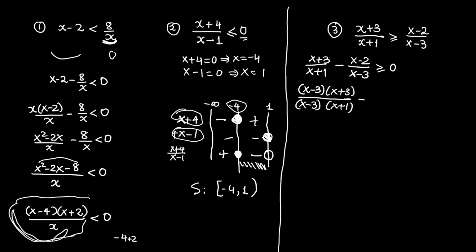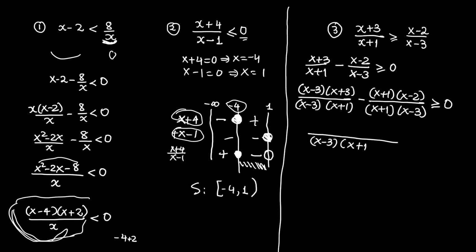Minus, here, I'm going to do (x + 1) that multiplies (x - 3)... sorry, (x - 2) multiplied by (x + 1), divided by (x + 1) that multiplies (x - 3), has to be greater than or equal to 0. Here, we can see that we have the same denominator, x - 3 and x + 1.